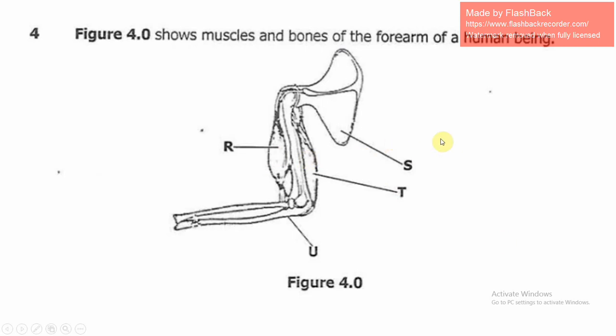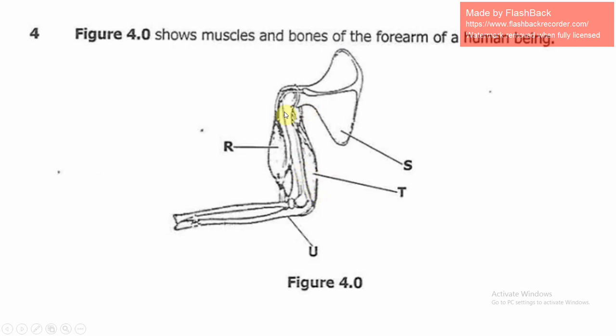I've said that this bone which branches into the chest is known as the scapula. Then this bone between these 2 muscles is known as the humerus.